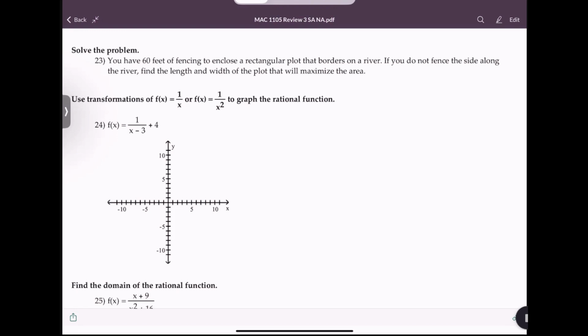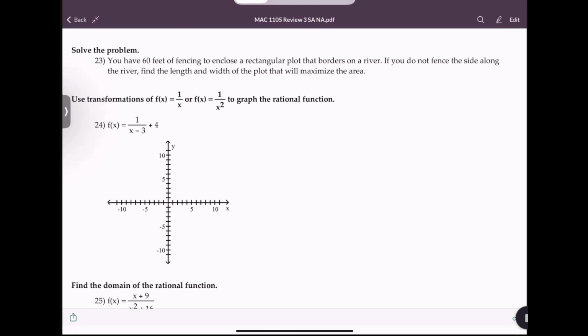How much fencing do you have left? Well, your W would be 15. Because remember how I said that you got to say what this is equal to. Which in this case, because these are W's, your W is equal to 15. So your W is 15, your L is 15.